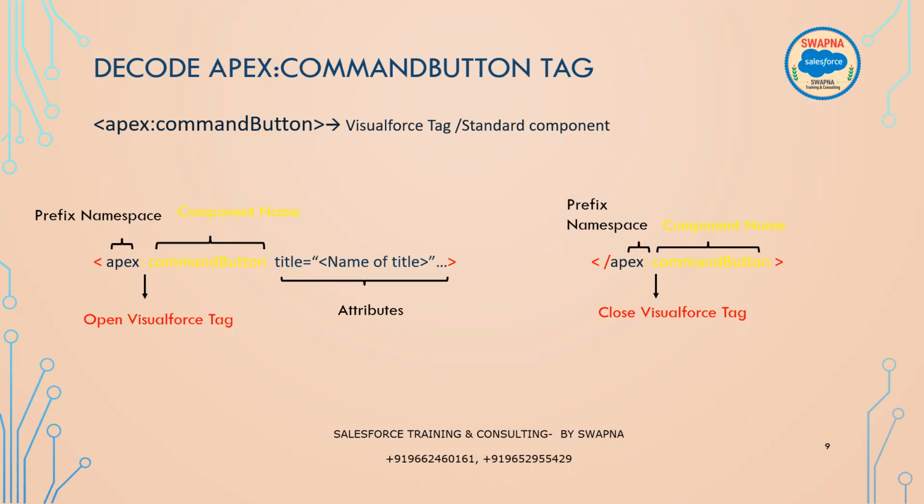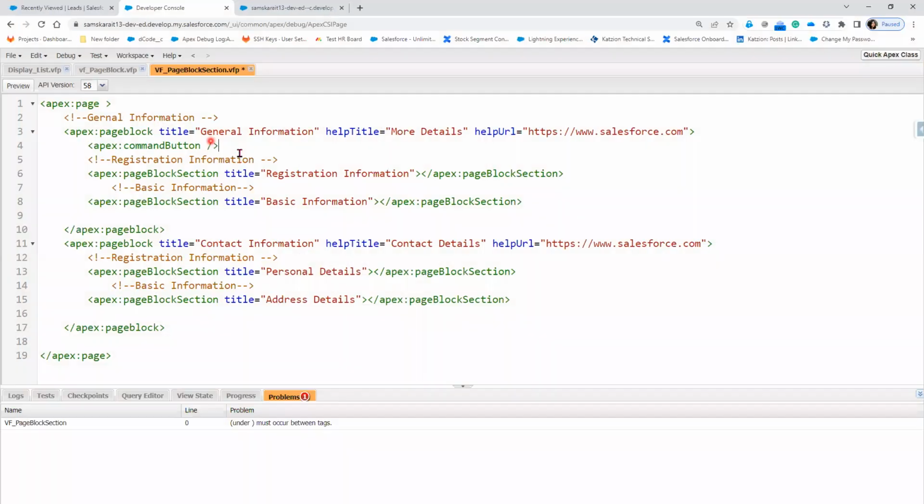In case you want to add an open and close, you can add it. But the reason why it is self-closed is that in between the command button, we are not going to add anything. Now let me show you that.